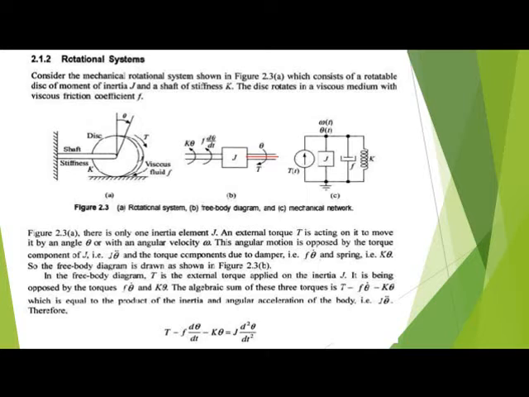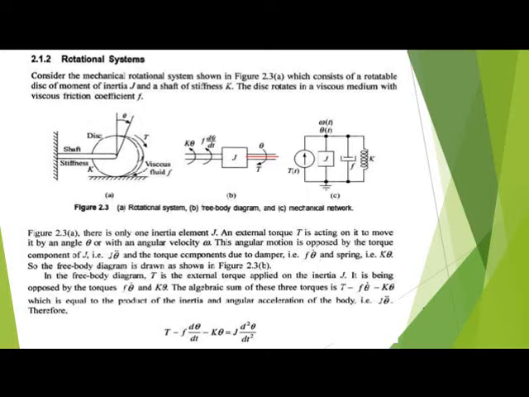These two actions can be written as a mechanical network. Theta is a node, and this is connected to J. J is connected in parallel with the torque, and then in parallel with the friction, while the disc rotates in the viscous fluid medium, which is the below surface.